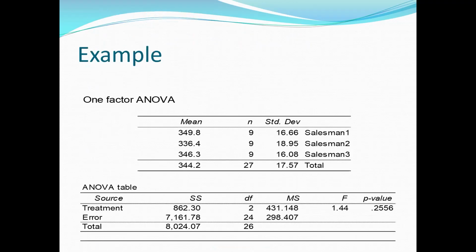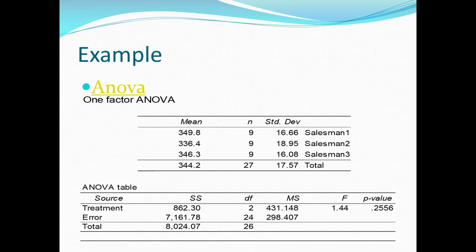Let us look at ANOVA. One-factor ANOVA. This is the result that you will get. How do you interpret? First of all, how do you understand? Then interpret. See, three salesmen are there. Salesman 1, salesman 2, salesman 3. All of them are making sales.